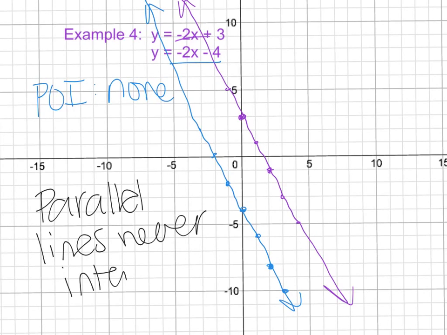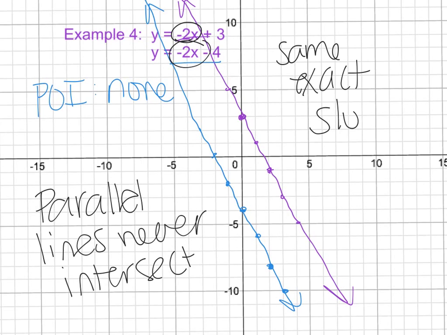And an easy way to tell if they're parallel lines is that they will have the same exact slope. So if we go up to the equations, both slopes are -2. So the parallel lines will never intersect, and they have the same exact slope. So that's an easy way to tell.